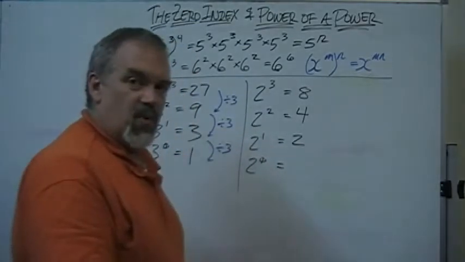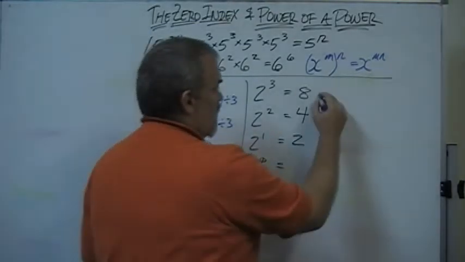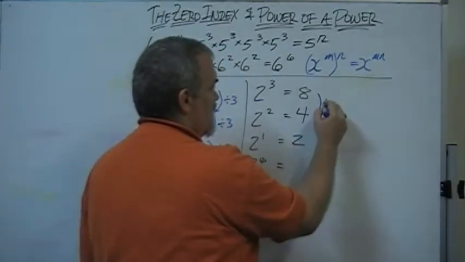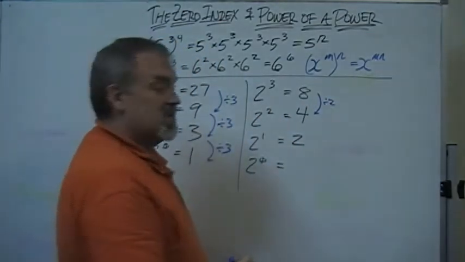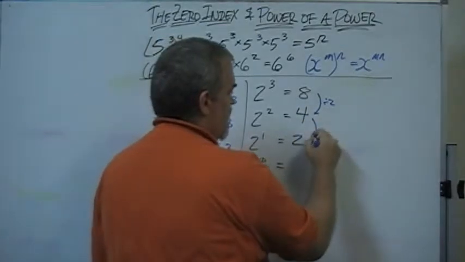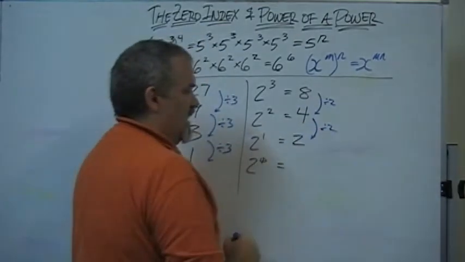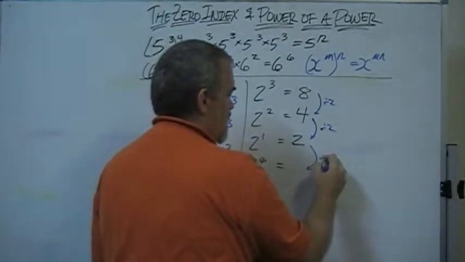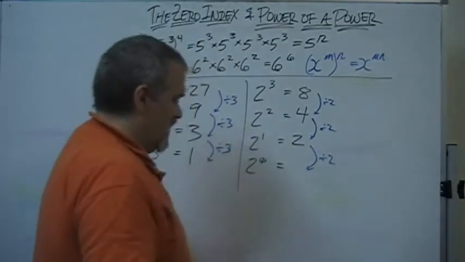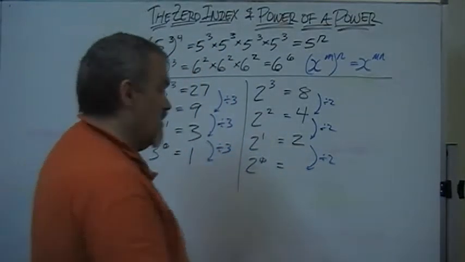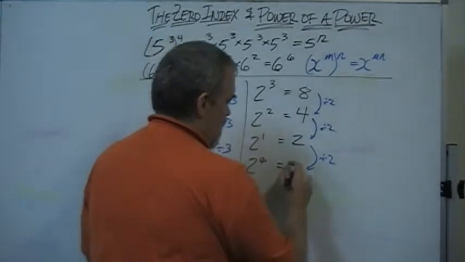Well, let's think about our process one more time. What's happened here? We divided by 2, because we've got 2 as a base. Go from 4 to 2, again we've divided by 2. So what would we do to go here? We would divide by 2 again, we would find out that 2 to the 0 is equal to 1.